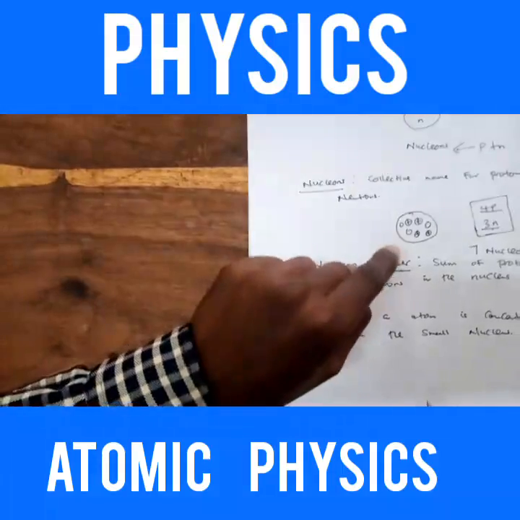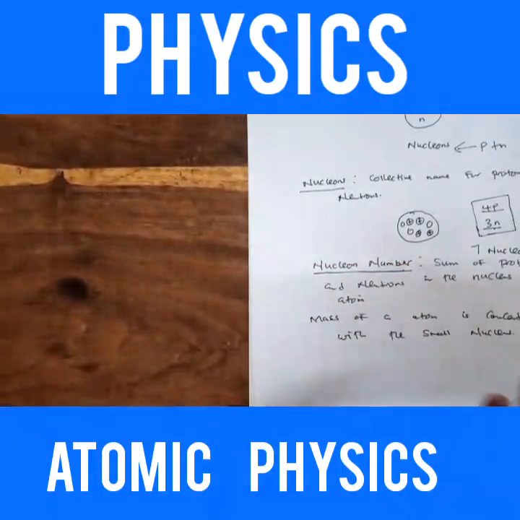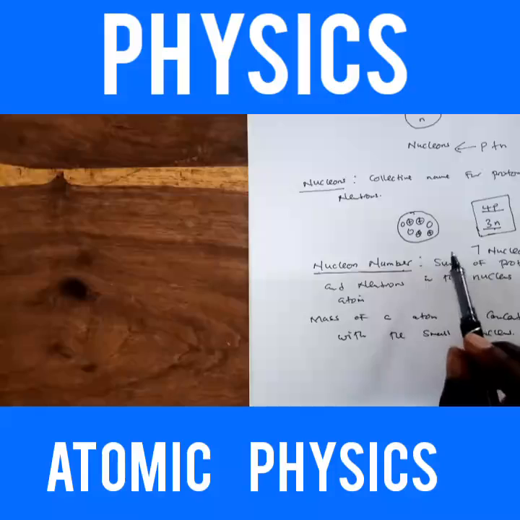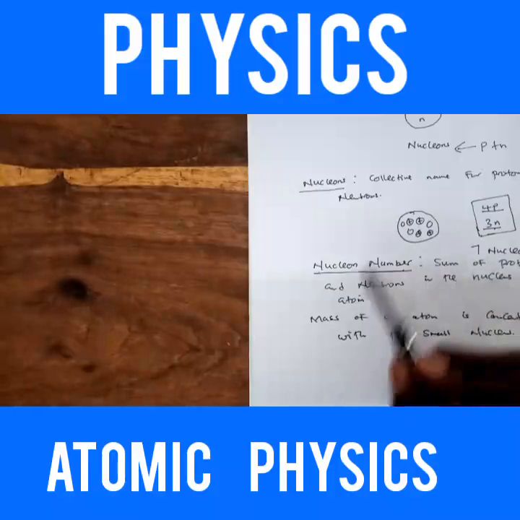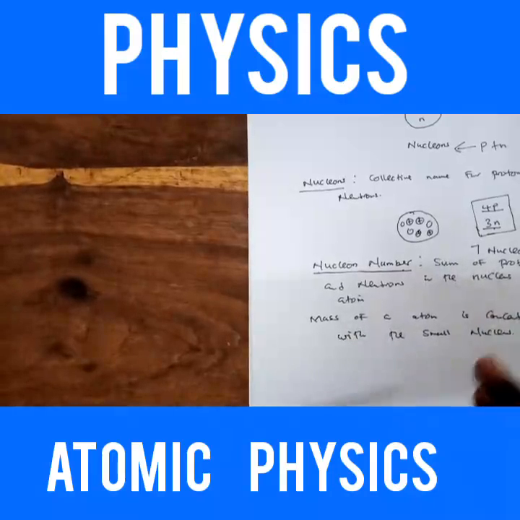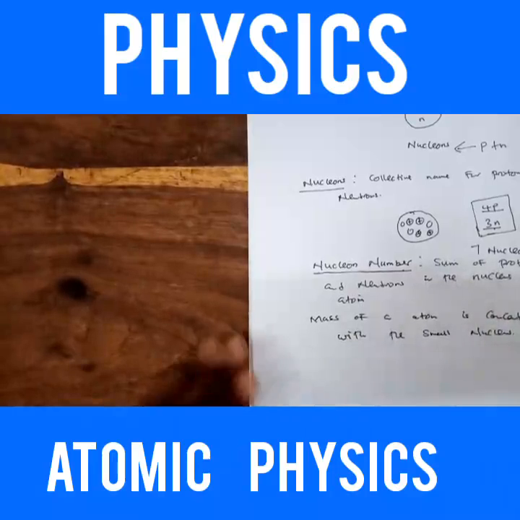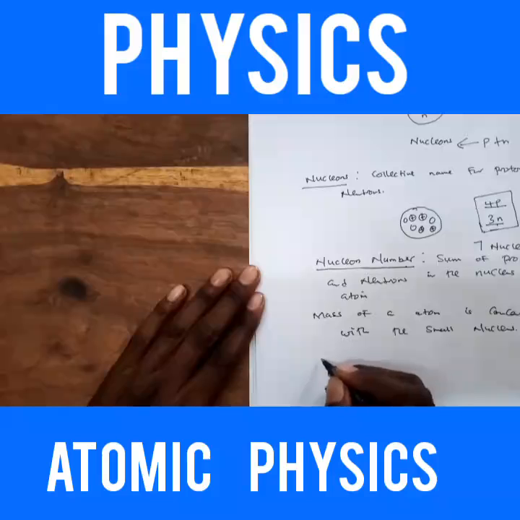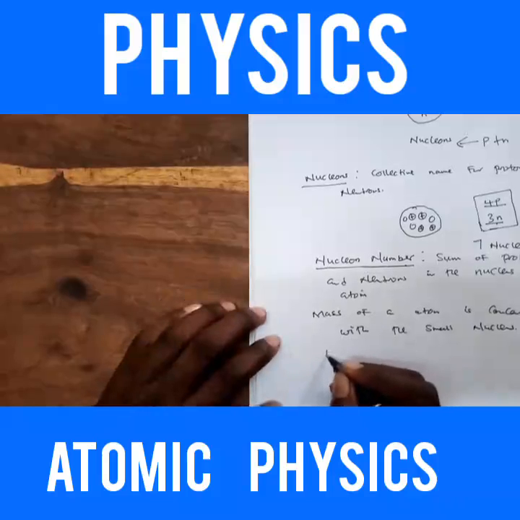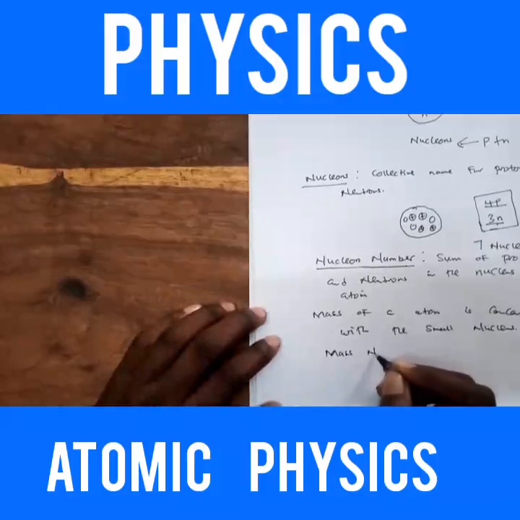So whatever is found in the nucleus will give us the mass of that particular atom. But what is found in the nucleus? The protons and the neutrons. So if I count the protons and the neutrons, I'll get the mass of that particular atom. So in other words, the protons and the neutrons will give us something called the mass number.